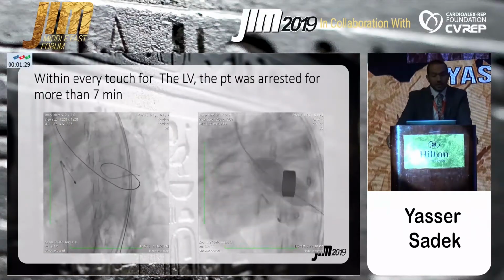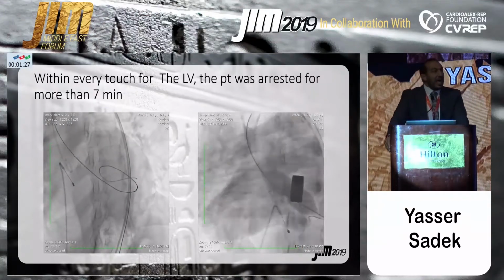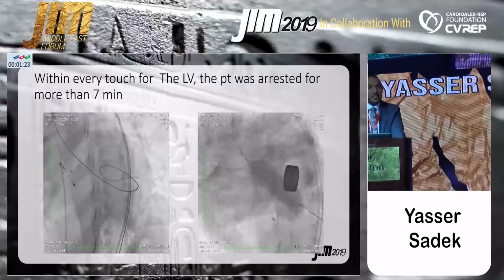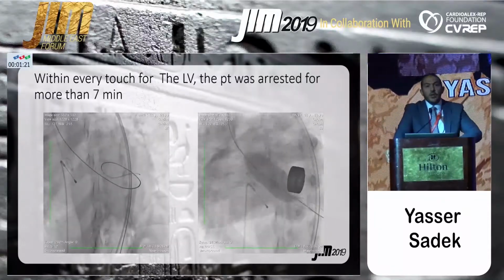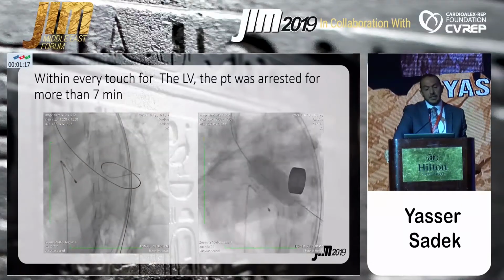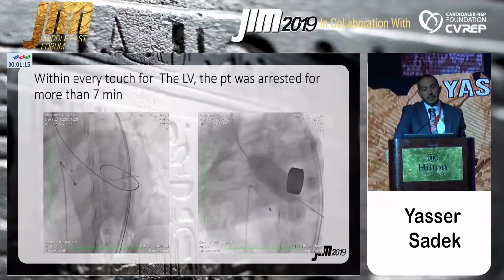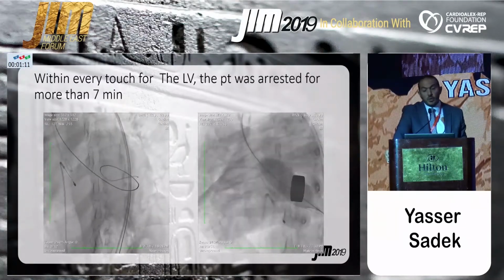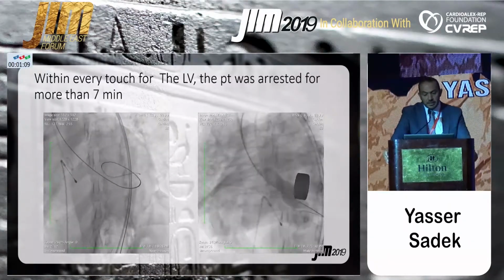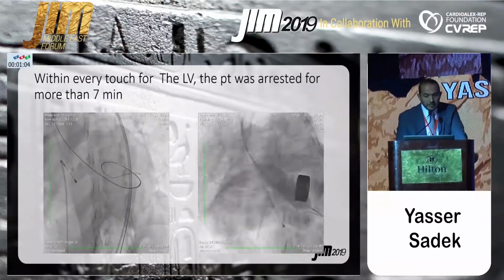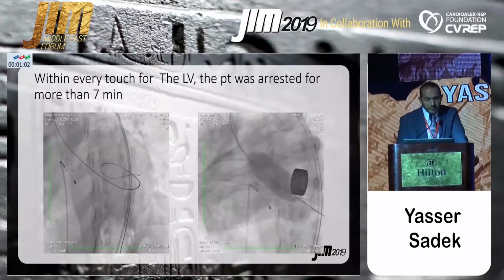The patient arrested. The patient returned again when I withdrew everything, but the blood pressure was still 70, and we decided to go with the wire again and inflate the aorta, and we'll see what will happen.